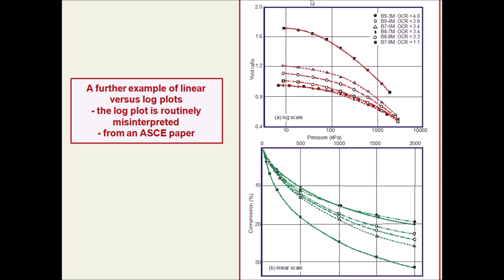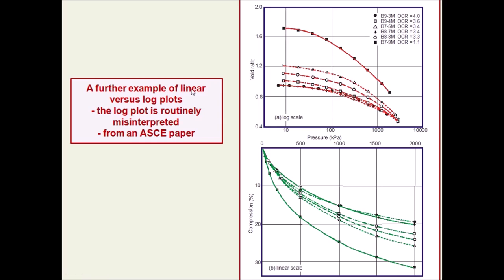The authors admitted that it was a little bit arbitrary trying to estimate the pre-consolidation pressure from graphs like this, but they did go as far as calculating these over-consolidation ratios listed here. If this data is replotted, then you simply get curves in the opposite direction, concave from above, whereas these ones are concave from below. It's a further example of linear versus log plots.